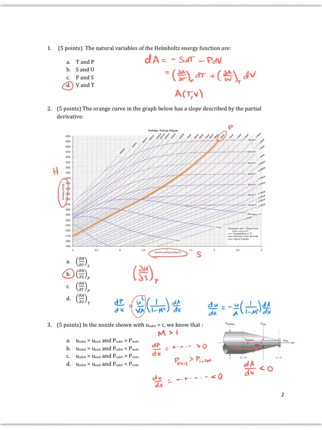And so we end up with U at the exit is less than U at the inlet. So U at the exit is less than U at the inlet is one of these two. And P at the exit is more than P at the inlet, so it's this one, and so this is the correct answer.